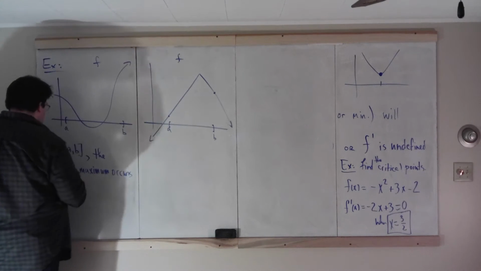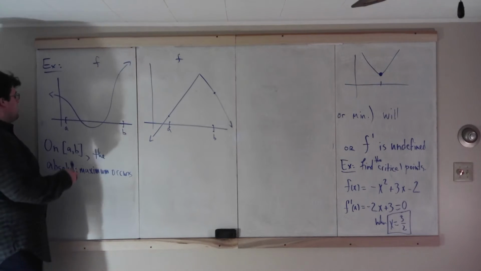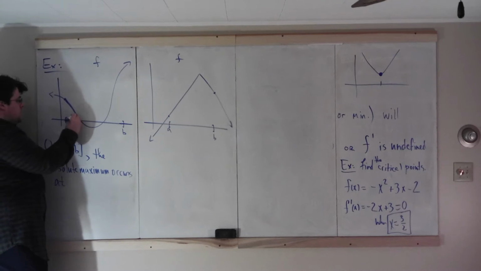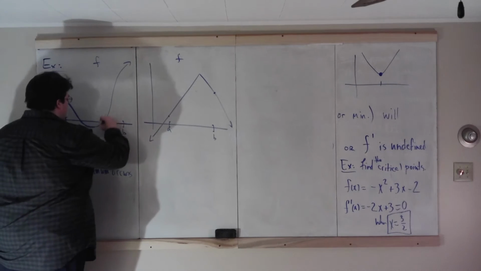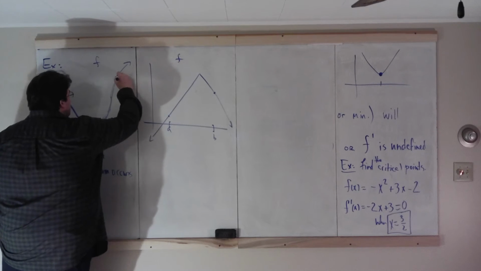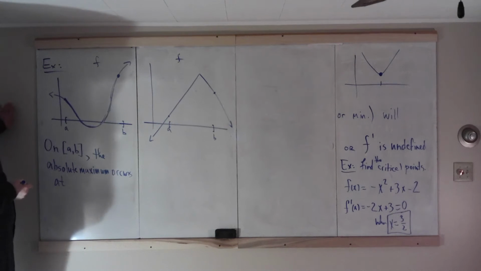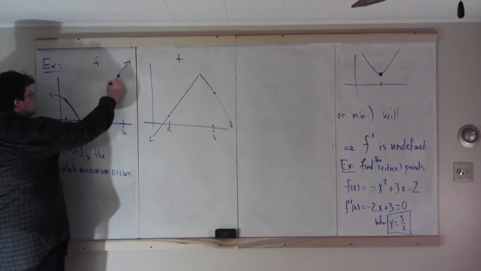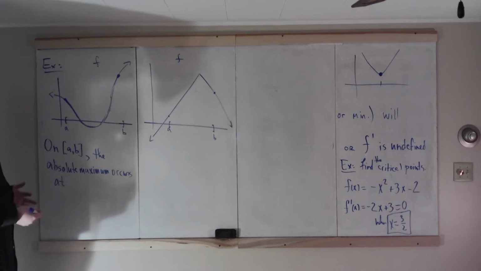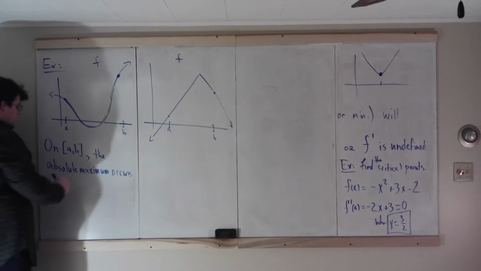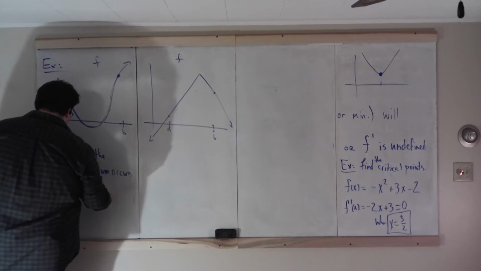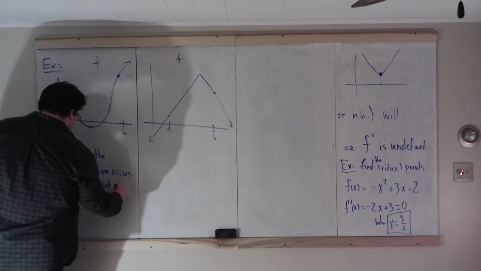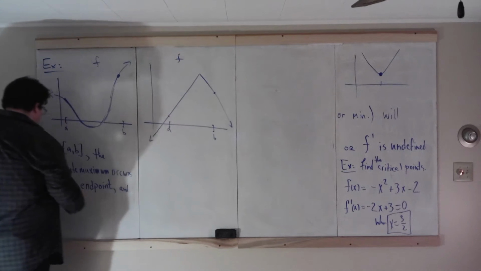at, now I'm not too concerned with the actual value, but let's shade in A to B a little. Well, where's the absolute maximum on A to B? Up here. The largest y value is up here. So it occurs at B, but less specifically, it occurs at an endpoint. And what about the absolute minimum?